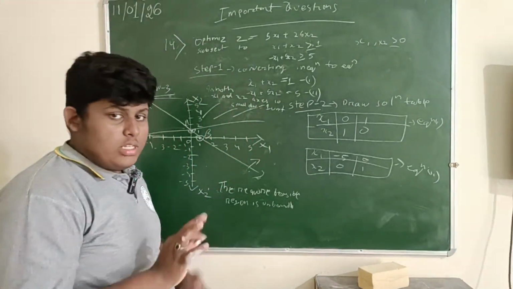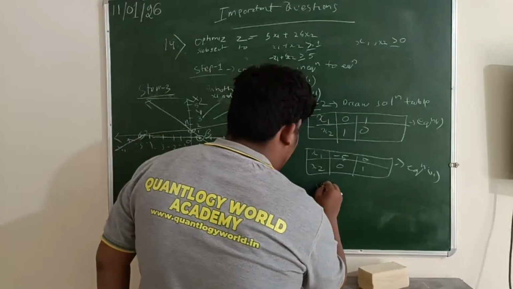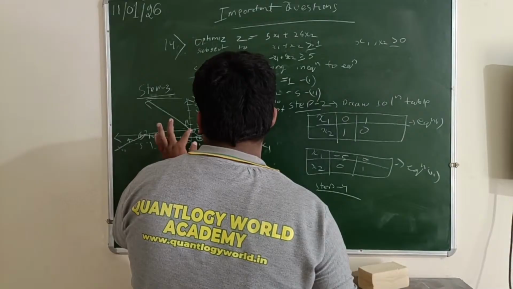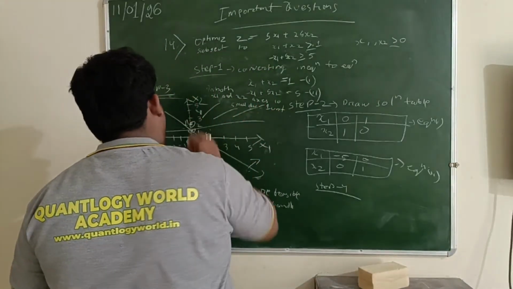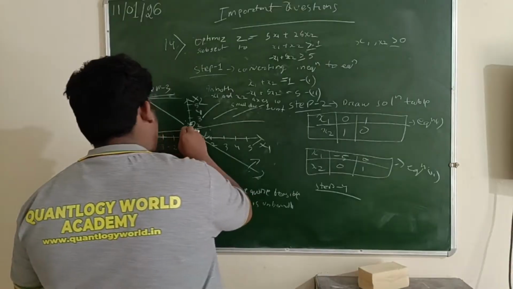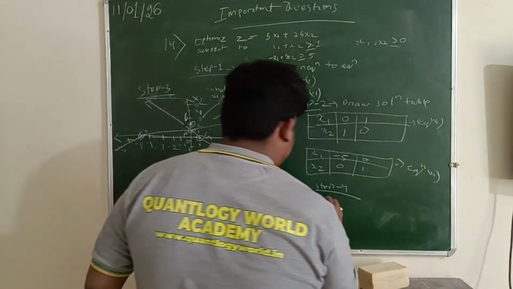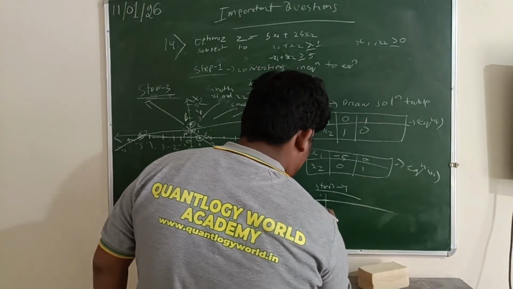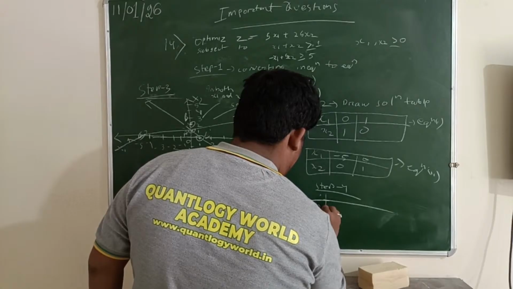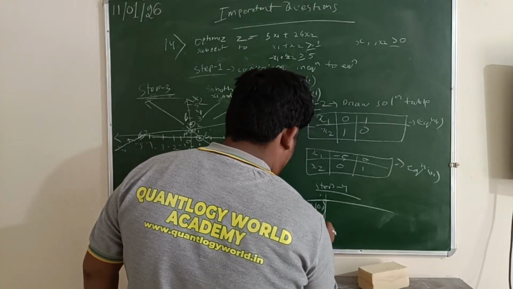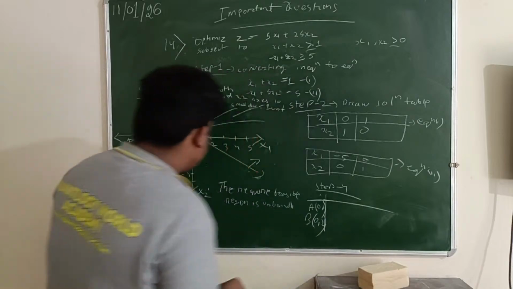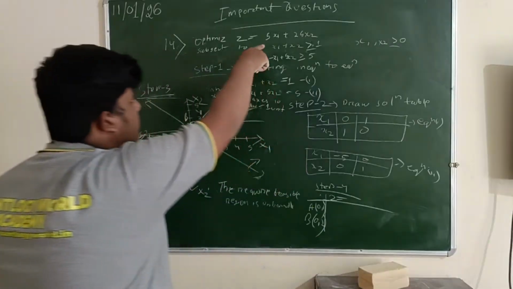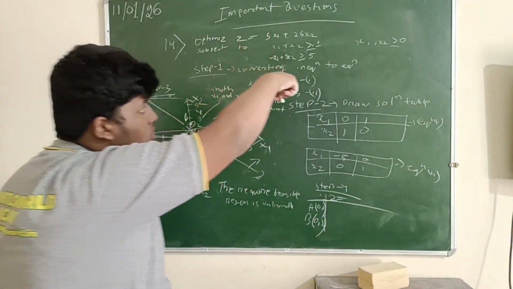So next we have to do step 4, the last step. This is A, this is B. So these are the points A and B. Here we will write Z equals the value of the equation of Z, 5x1 plus 25x2.